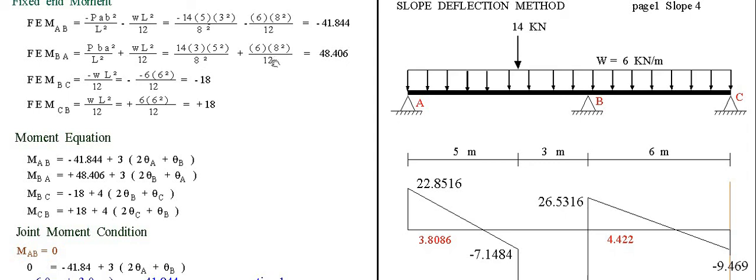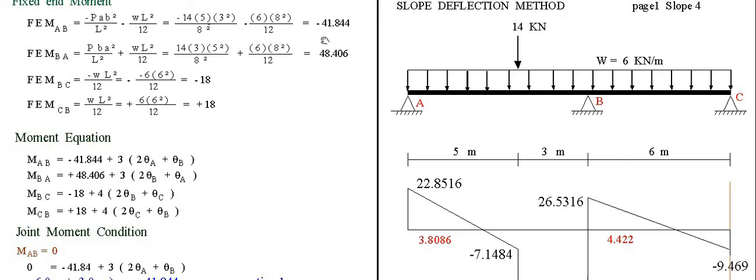Then WL square over 12 is 6 times 8 square divided by 12. Simplifying this, it becomes 48.406. Okay, just check this with your calculator.